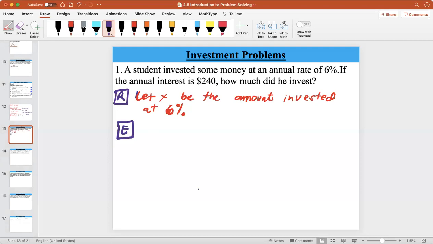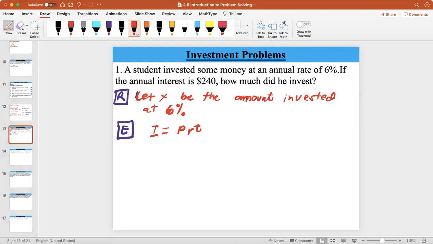Now we look for our equation here. This formula is I equals PRT. But since we know that T here is equal to 1 year, by the word annual, if the annual interest is 240, we consider that T here is equal to 1. Therefore, our formula can now be simplified to I equals the principal times rate.